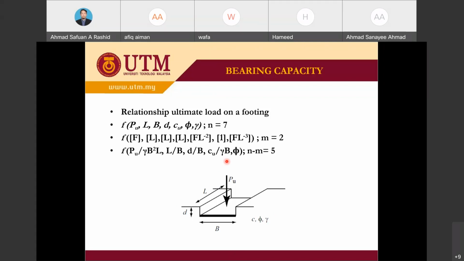For every parameter, we need to get the primary dimension. In this case, the primary dimension is equal to 2. So 7 minus 2, then we need to list all the important dimensionless equations, in all 5 dimensionless equations.